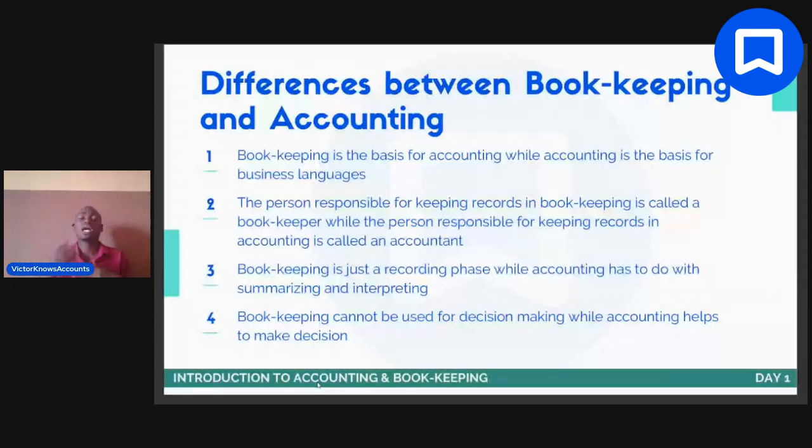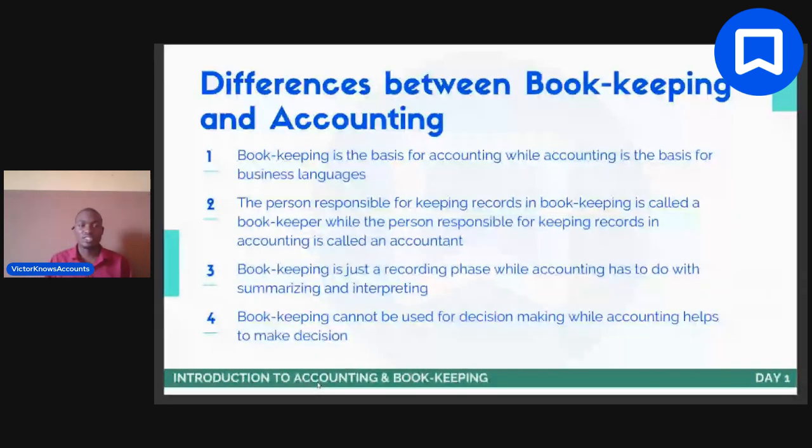Accounting is the language of business, which means it is what you use to communicate financial information to the users of financial statements. Bookkeeping, on the other hand, cannot be used to communicate financial information. It is, however, the foundation. Let's take a house for example. Bookkeeping is the foundation of the house, but of course, you cannot live in a foundation.